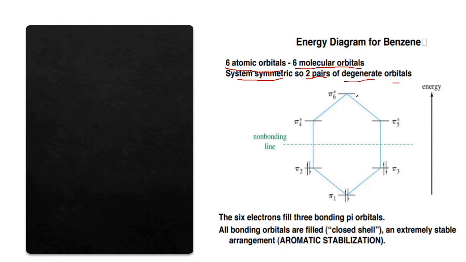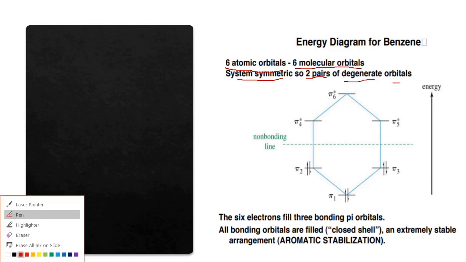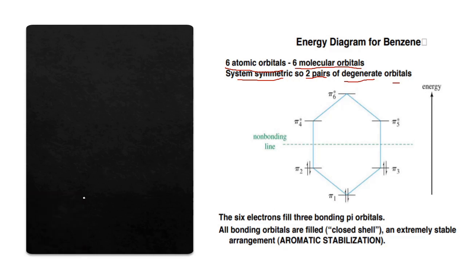When we arrange the lowest energy, there will be one molecular orbital at the lowest energy level and we call that pi 1. So benzene should have six molecular orbitals, the count should be six. The lowest energy molecular orbital will be pi 1.